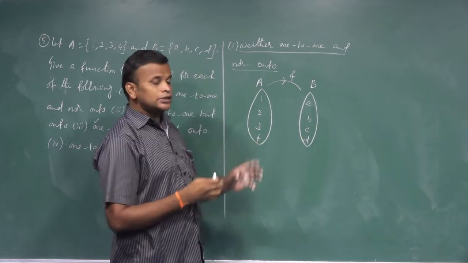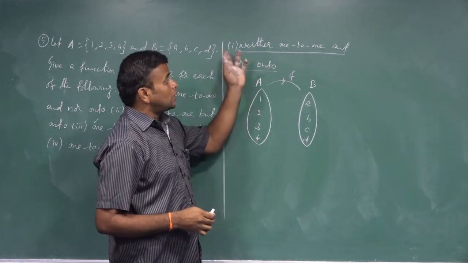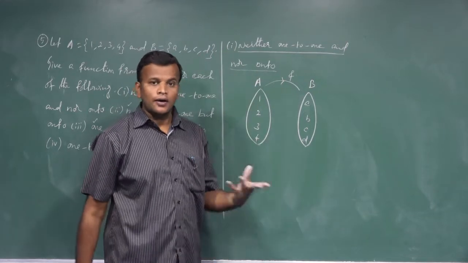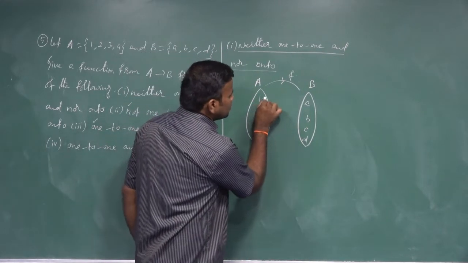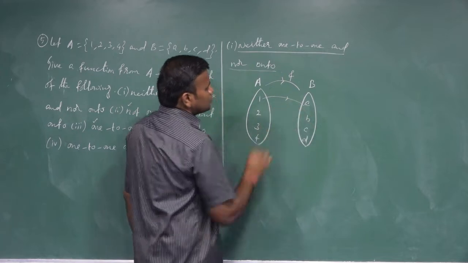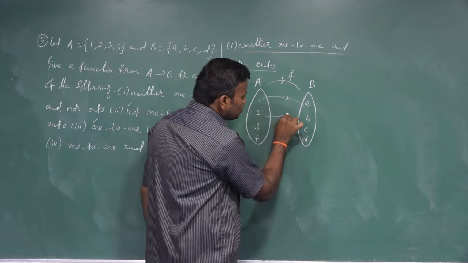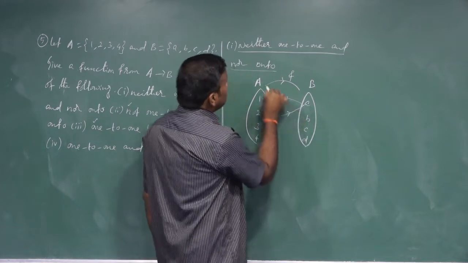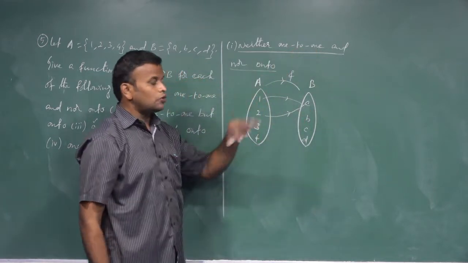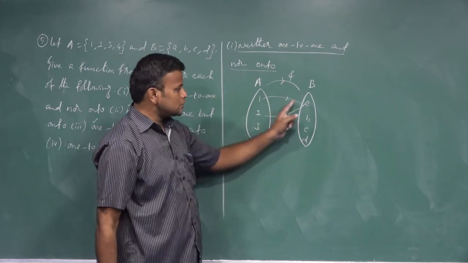Now we form a function. The function is neither one-to-one nor onto. So it's your choice. 1 goes to a. 2 also goes to a, because we need it to not be one-to-one. Therefore, these two elements have the same image.